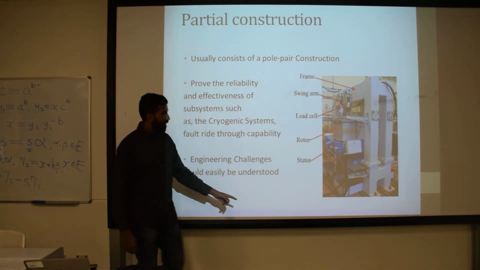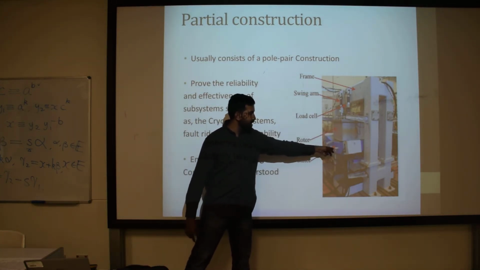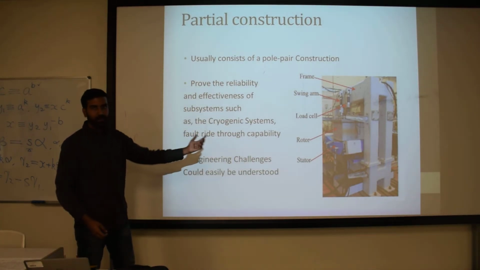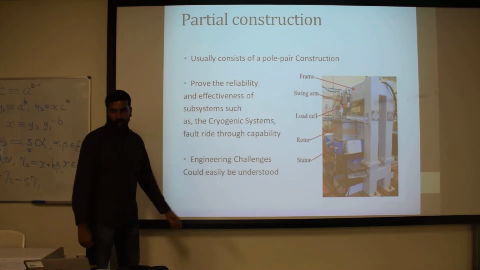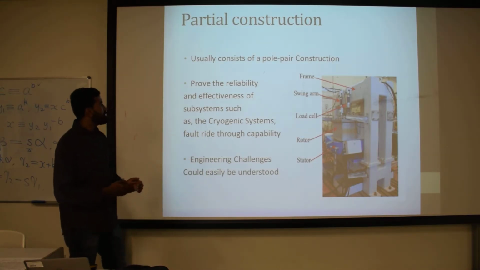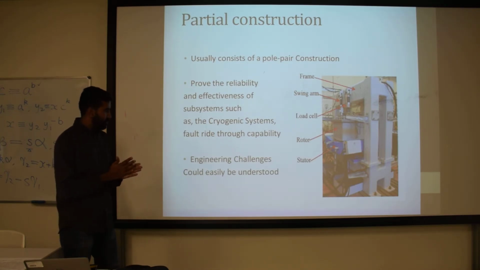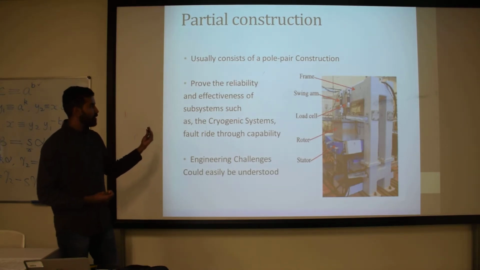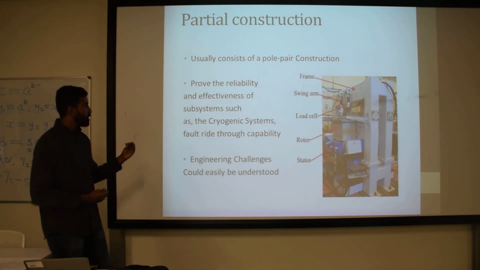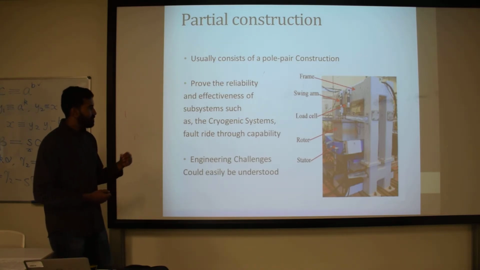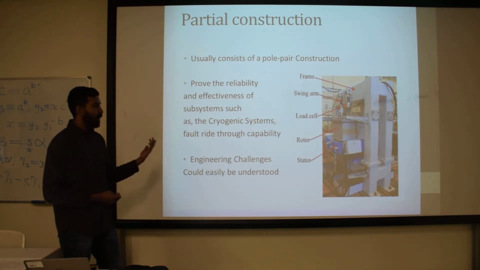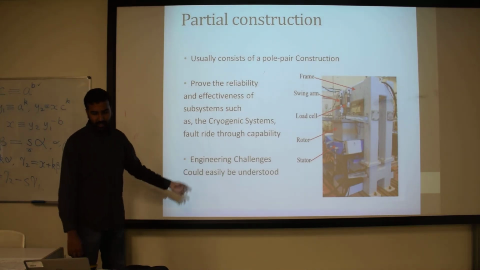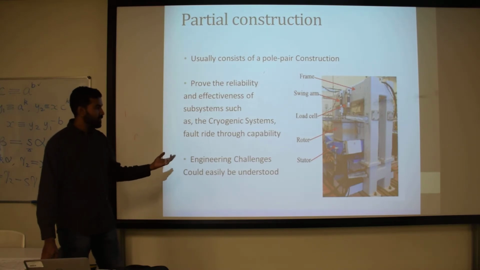So this part is only the rotor and stator section of the full scale generator, and this method allows the engineering challenges of the subsystems, such as the cryogenic systems and the fault ride-through capability, to be assessed reliably and effectively. So the engineering challenges of the full-scale model could be easily identified through this model.